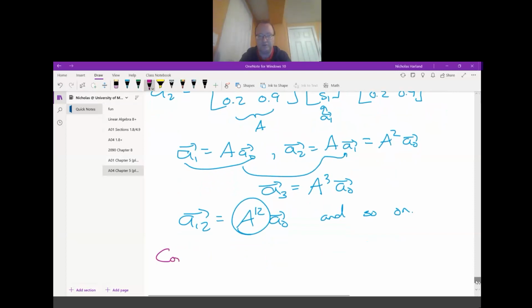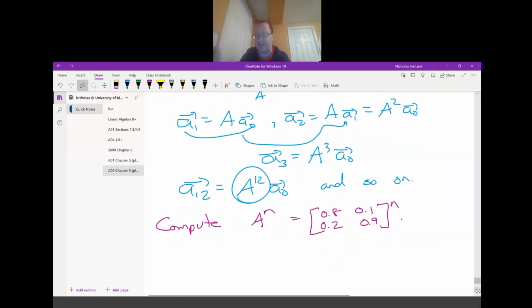So we're going to compute A to the power of n. So 0.8, 0.1, 0.2, 0.9 to the power of n. And this is a learning outcome for this class that we expected to be able to do, is to find this using diagonalization.